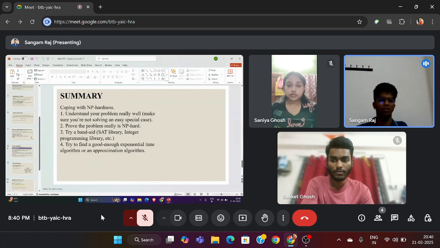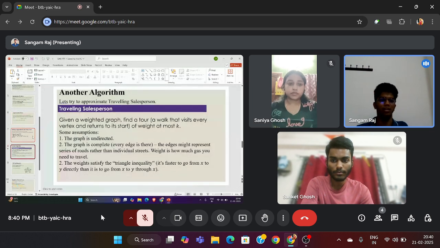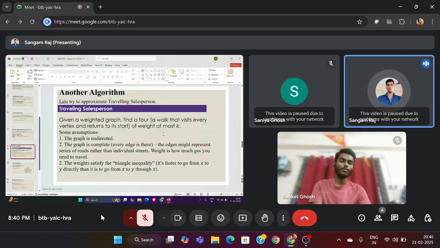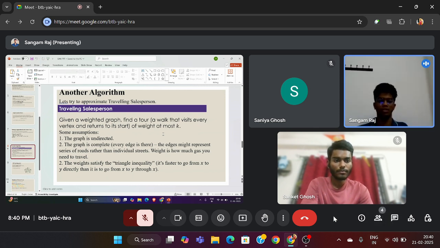And now the next slide is about the traveling salesperson algorithm. TSP is a classic combinatorial optimization problem where a salesperson must visit a set of cities exactly once and return to the starting point, minimizing the total travel cost.